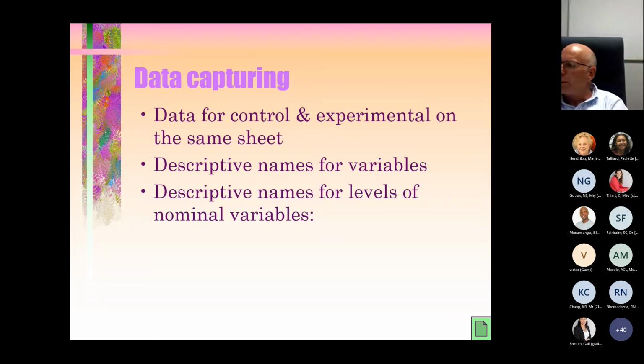Also, for nominal variables, you can actually give the actual names of the outcomes. So again, if we have gender, which can be male or female, you can actually type in male, female in the data. There is a slight misconception that we always need numbers.